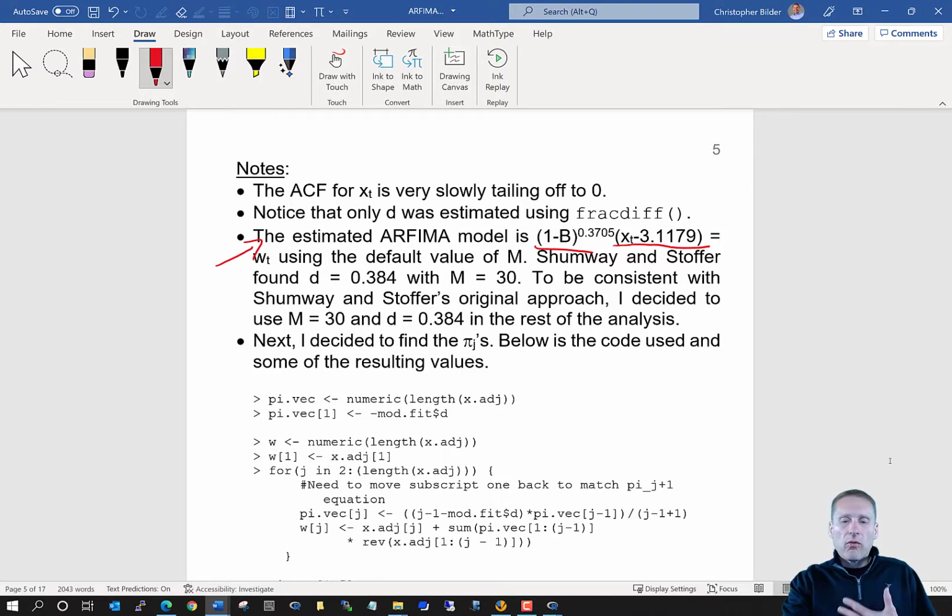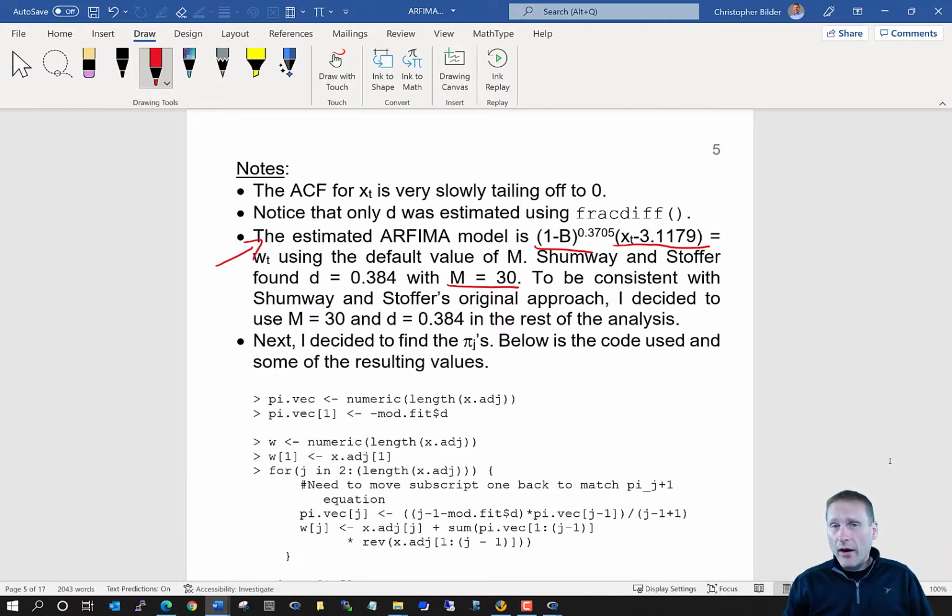Now, for how Shumway and Stoffer approach this in the book, they use an M of 30, meaning, and I briefly explained this before, basically a truncated likelihood is being used to estimate the model. When they estimated the model for the book, they used M equal to 30 rather than the default of M equal to 100.